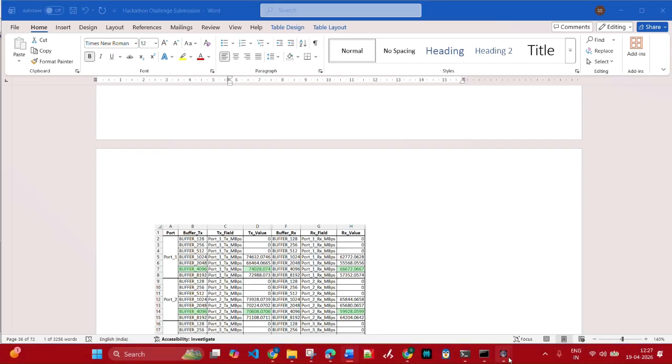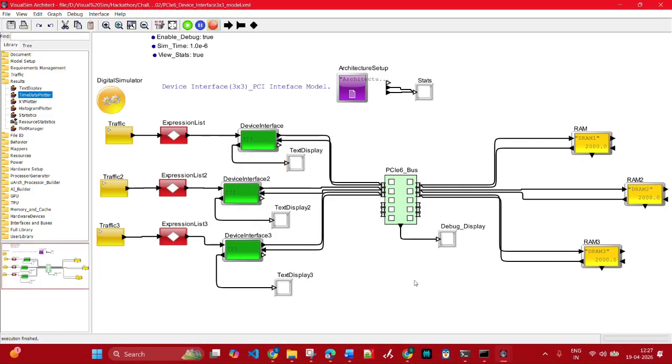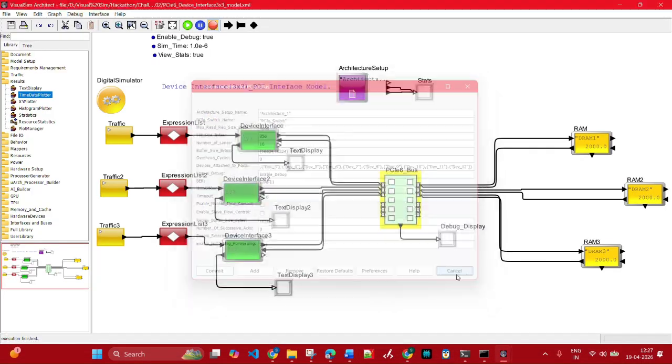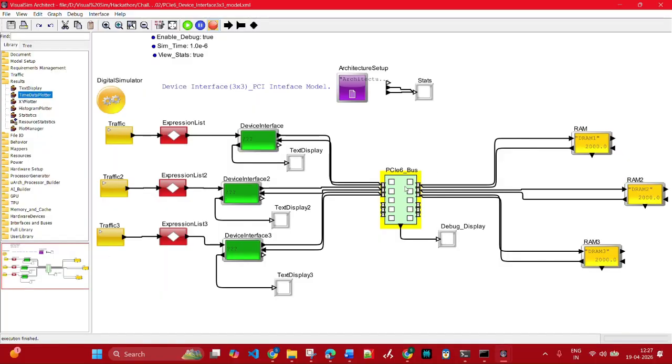This is a very small, basic model for PCI bus validation. That's all: what is my throughput, what is my task latency, what I'm observing if I give 50% read or write transactions, and what if I make it 100% read or 100% write, how much throughput I observe in my model.